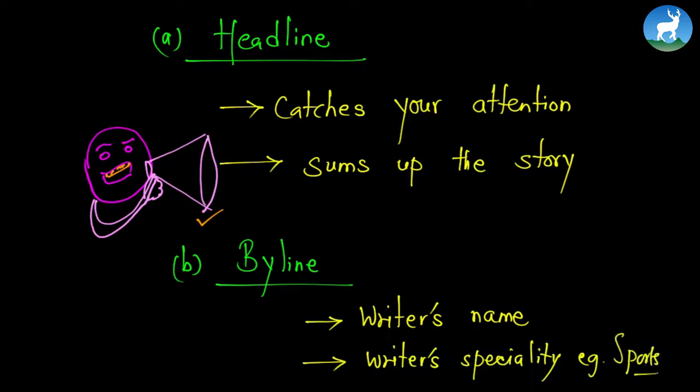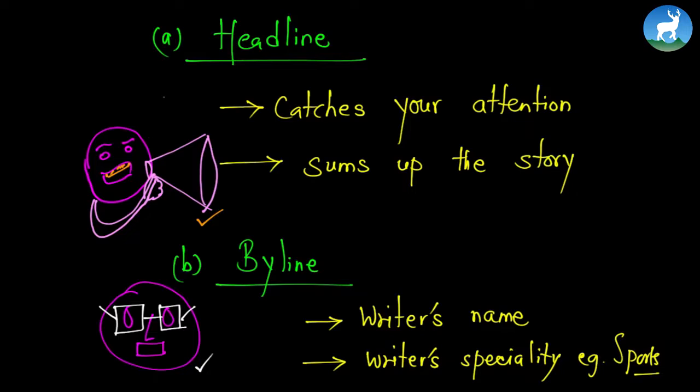Maybe the writer is a sports writer, or a food writer, or a crime writer or current event writer. So it gives that kind of information. The byline is the general information about the writer.